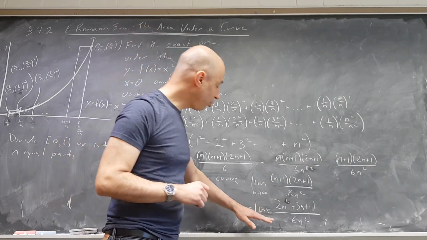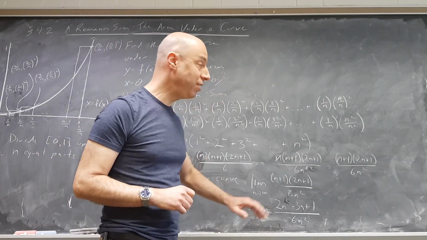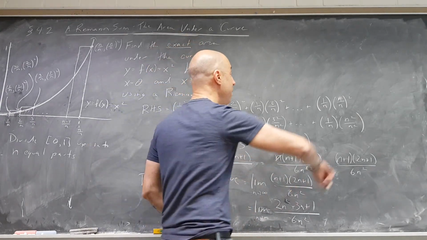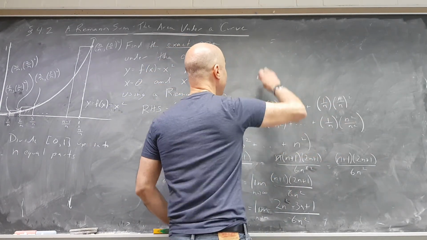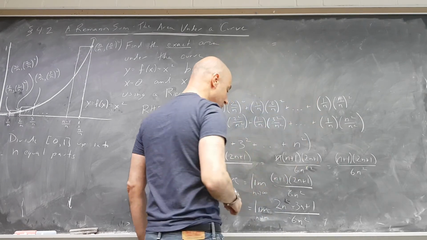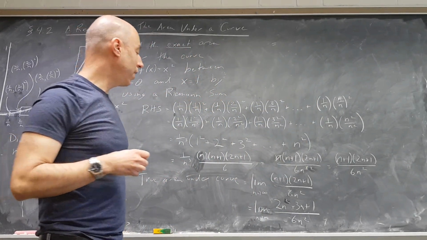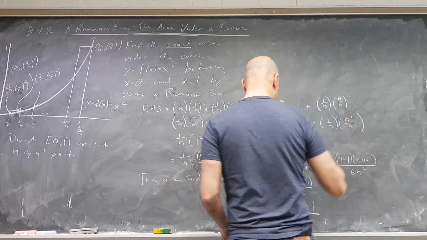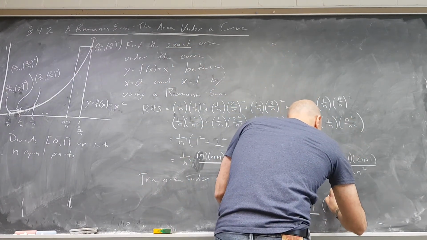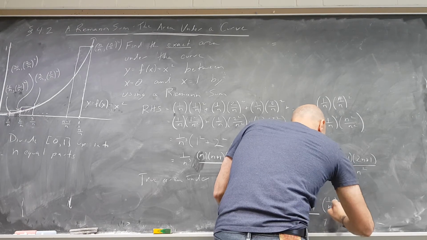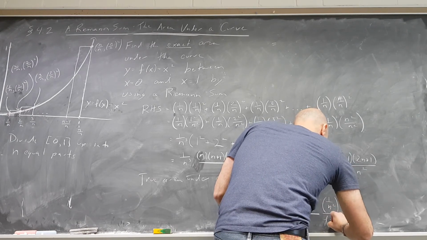We know a trick when n is going to infinity or n is going to minus infinity. What we do is we multiply the top and the bottom by 1 over the largest power of n. So let's go ahead and do that. I'll multiply the top by 1 over n squared and the bottom by 1 over n squared.